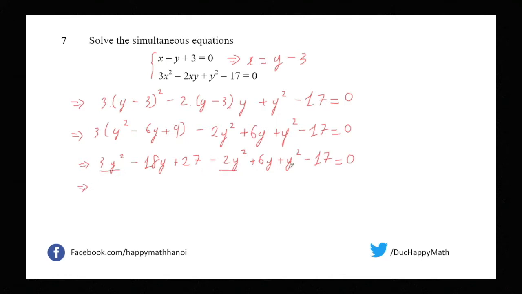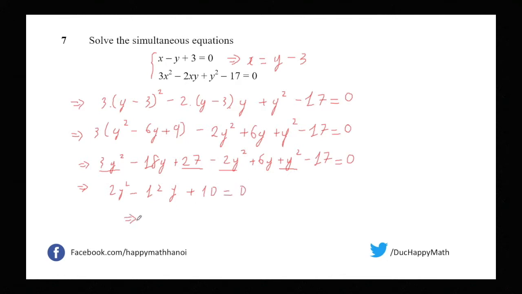Simplify the second degree terms first. You will get 2y squared minus 12y, and the constant number is 10.